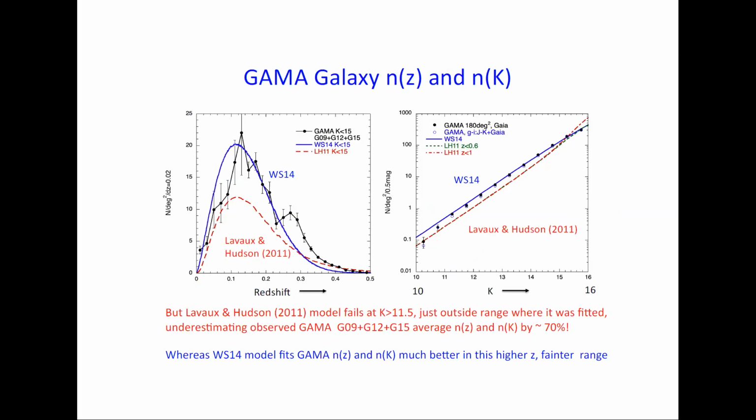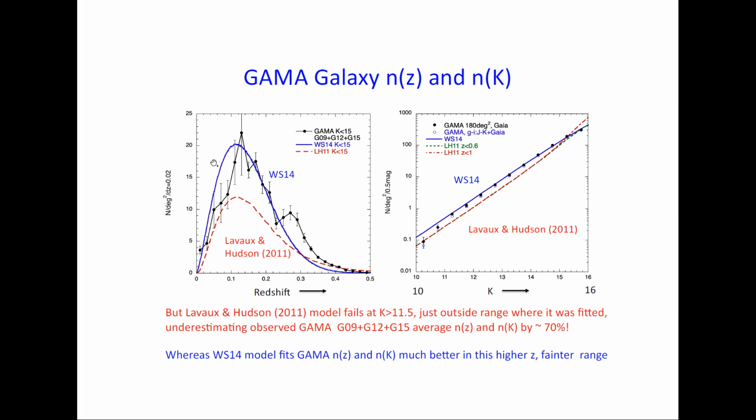And again, you can check, here we've checked with the GAMA area down to K of 15 now, because they've got good counts over 210 square degrees.